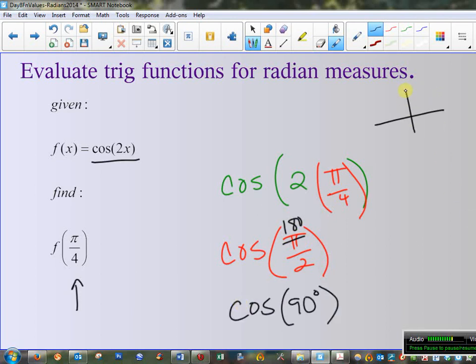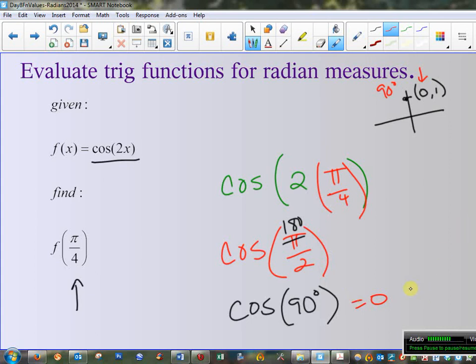That's one of those quadrantal angles. 90 degrees is up here, and that point on the unit circle is (0, 1). So without my calculator, if I'm looking for the cosine of 90 degrees, I can just look at that x-coordinate. I know the answer here is 0. You could also pick up your calculator and type cosine of 90 degrees, because your calculator will tell you all the quadrantal angle values. So cosine of 90 degrees is 0, so 0 is my answer.